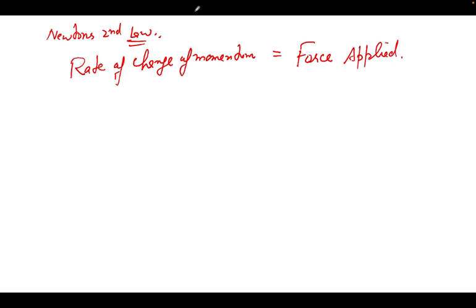So generally everybody knows that we use the formula F is equal to ma, but actually how can we find the acceleration of that body when we are applying some force to that?